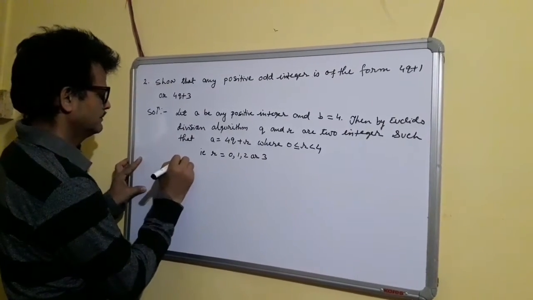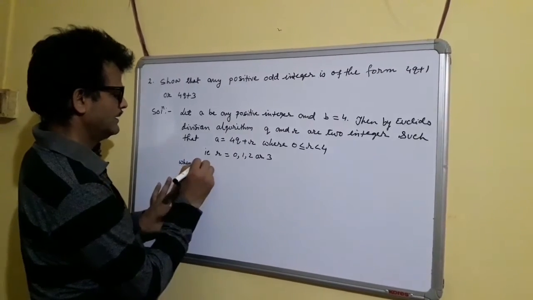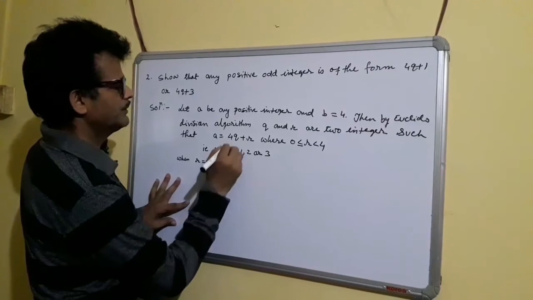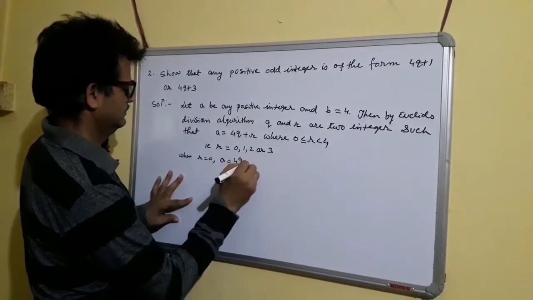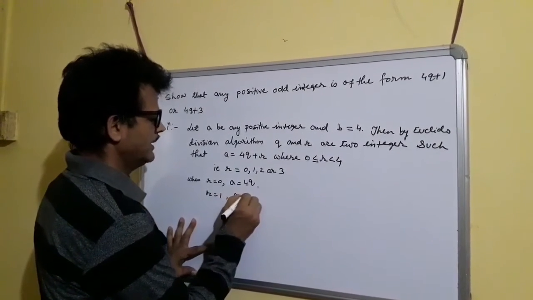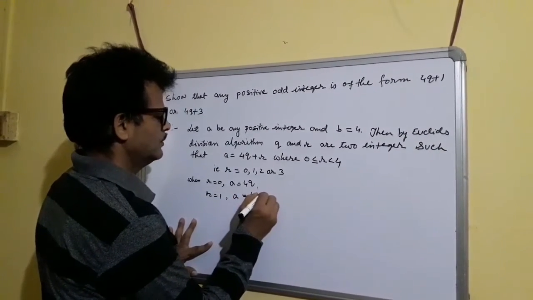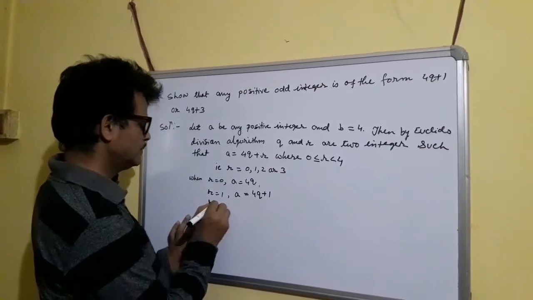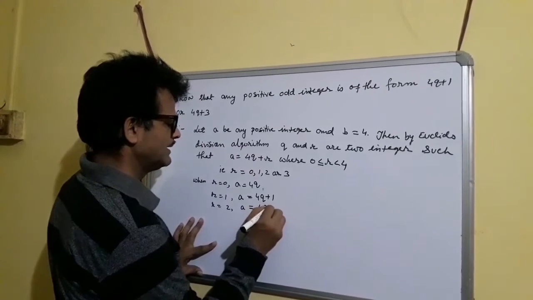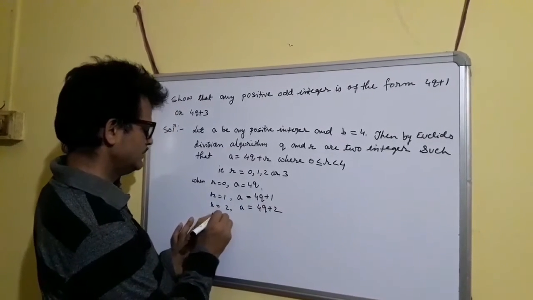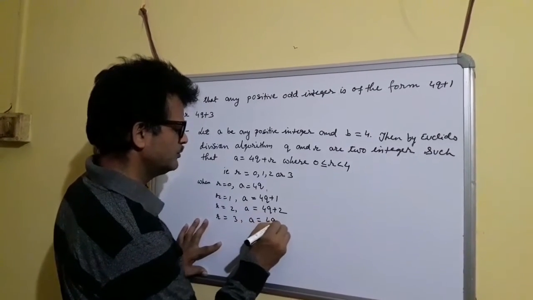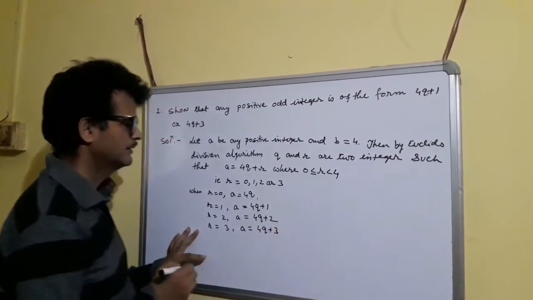When r is equal to 0, a is equal to 4q. When r is equal to 1, a is equal to 4q plus 1. When r is equal to 2, a is equal to 4q plus 2. When r is equal to 3, a is equal to 4q plus 3.